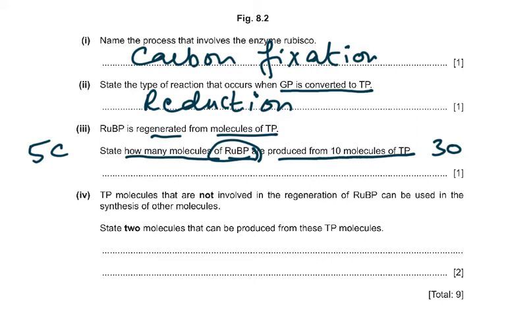So 30 divided by 5 would be 6. But then you realize it could also be 5. Why? Because 3 carbons exit. So TP minus 3 means less than 30 carbons are used. So you could have said 5 as well. 6 or 5 both were allowed.